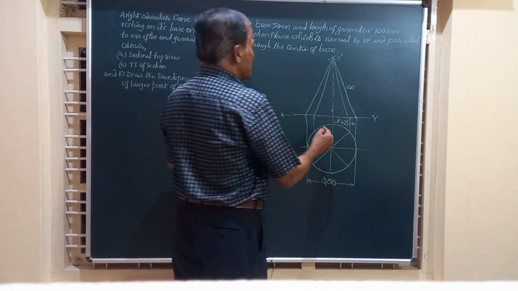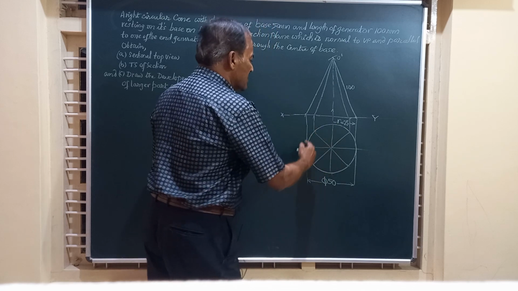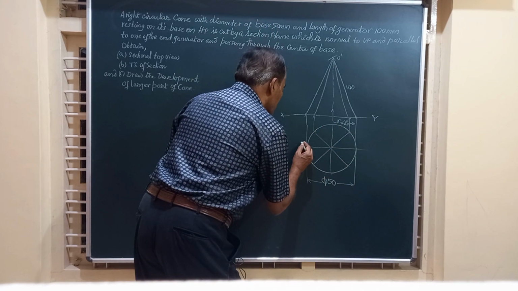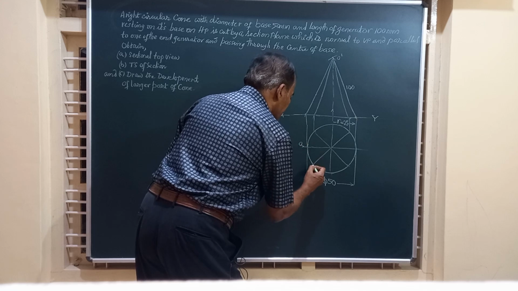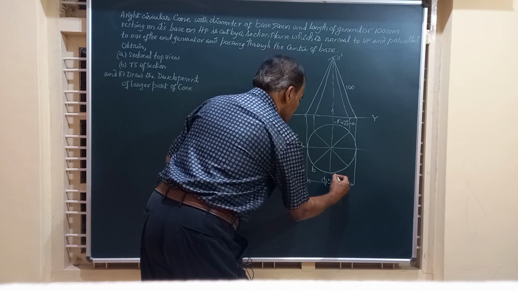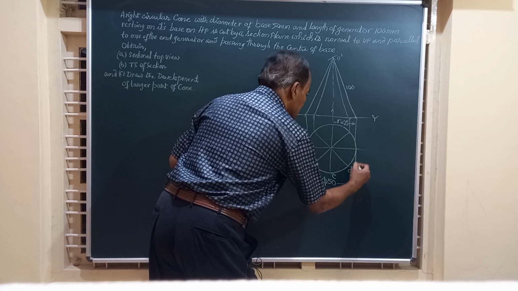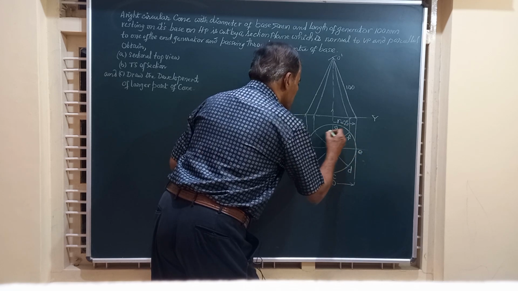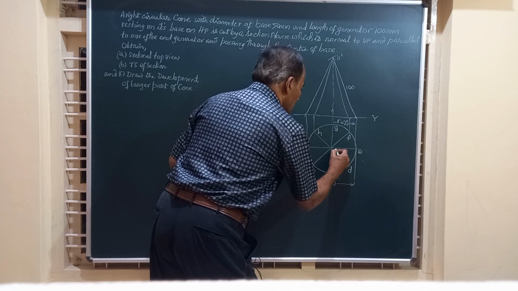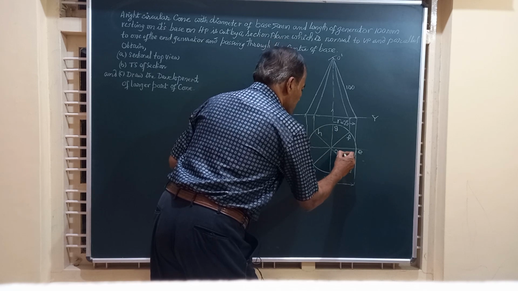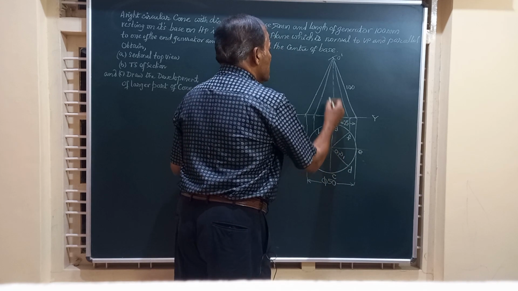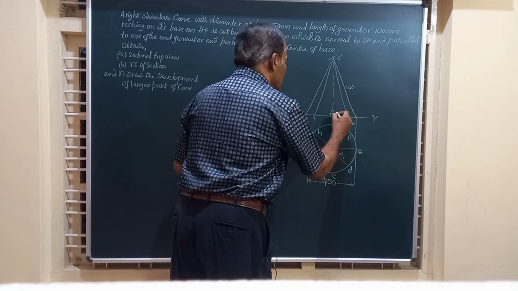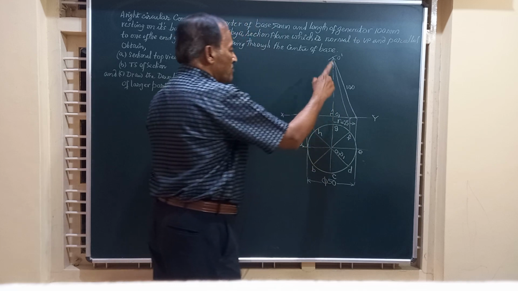Now let me mark or name the corners of these generators at the bottom. Just start marking as A, B, C, D, E, F, G and H. O and O1: O is for the apex and O1 is for the center of the base. So we have marked this.